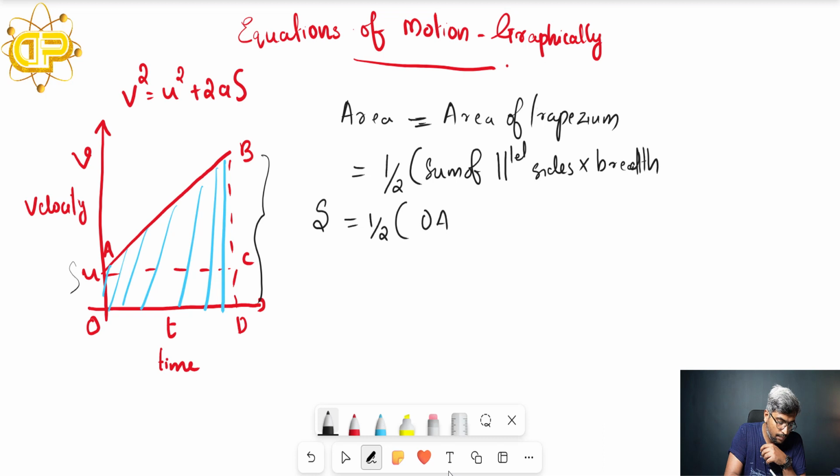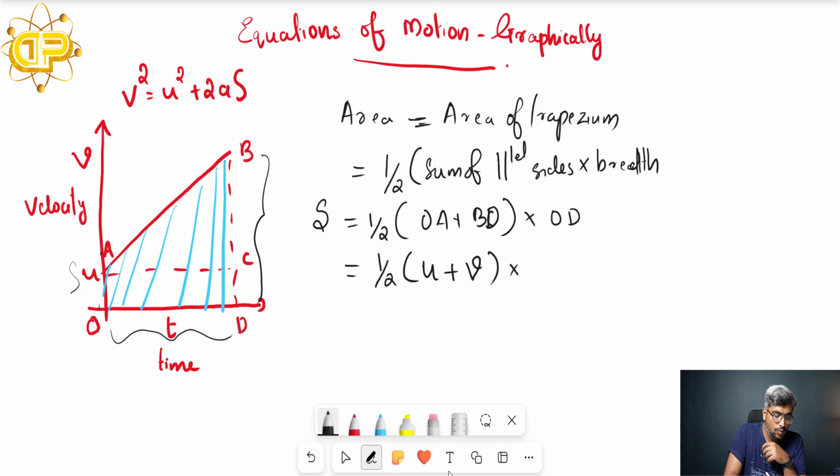That is OA plus BD into what is the displacement? Here it is the OD. So that is nothing but the time itself, that is half into OA. OA means it is U plus what is BD? BD is nothing but the final velocity V into time. So here comes the equation. Pure mathematics is over.